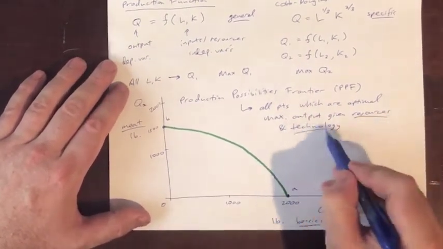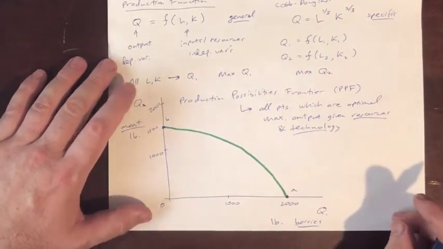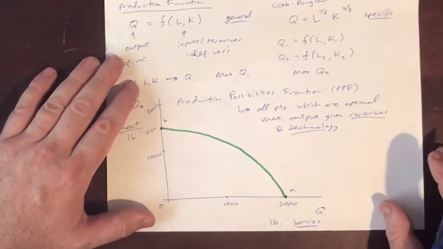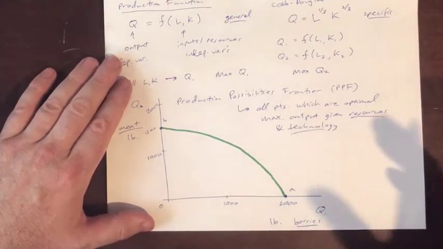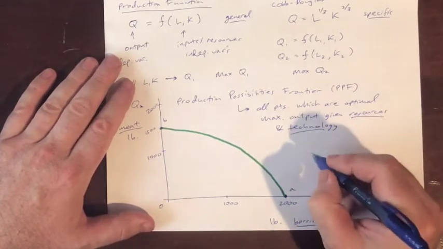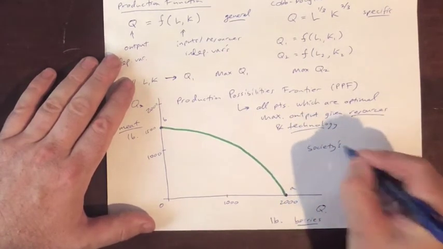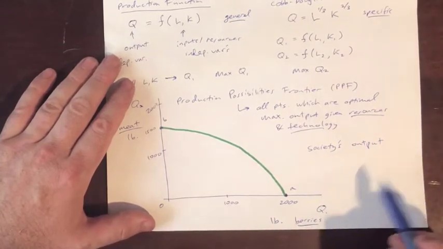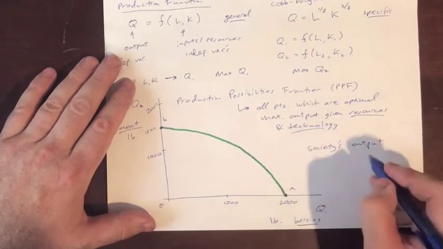These are the things which drive society's ability to produce. So very, very important cornerstone concepts in neoclassical economics: resources and technology. So society's output, just to restate this, is ultimately driven by two factors. Remember what we mean by output.